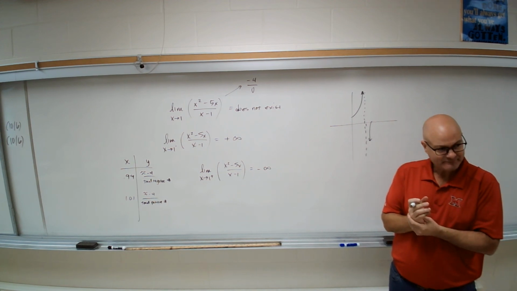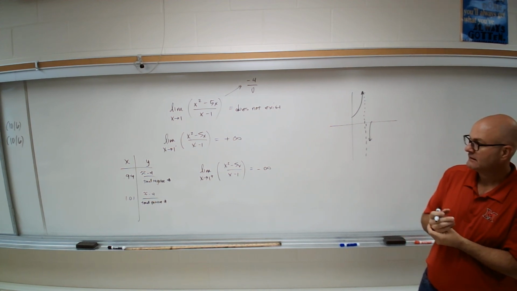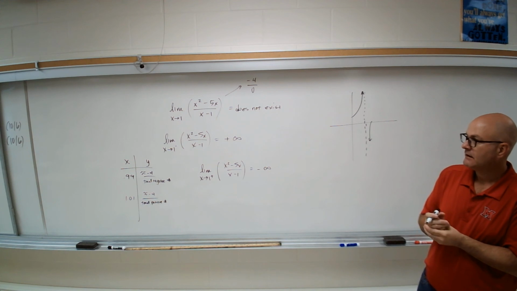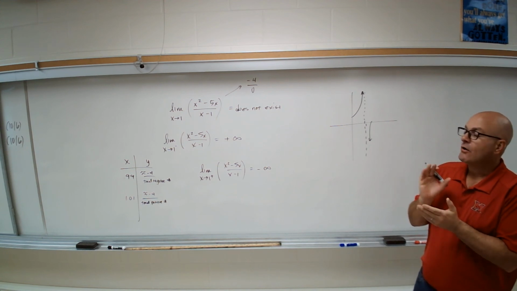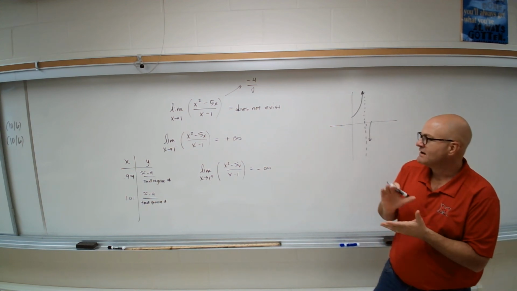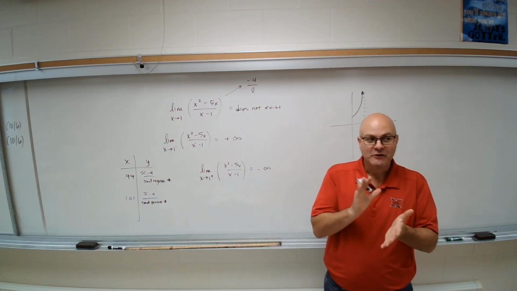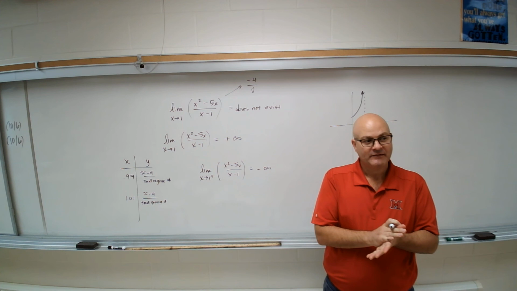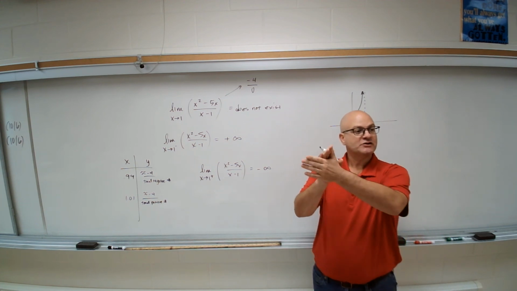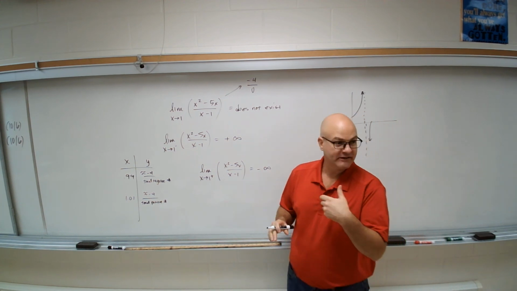Yes? So if the power is bigger on the top, does that mean it's always going to approach infinity? Okay, great question. The question was, if the power is bigger on top, is it always going to approach infinity? I think you're thinking about end behavior models. So that would be where our limit goes to infinity. But the answer is yes.